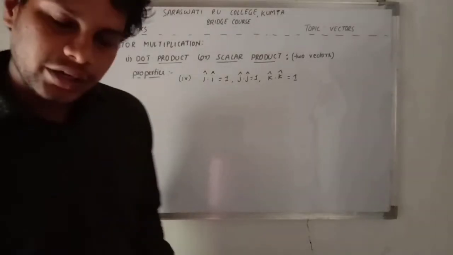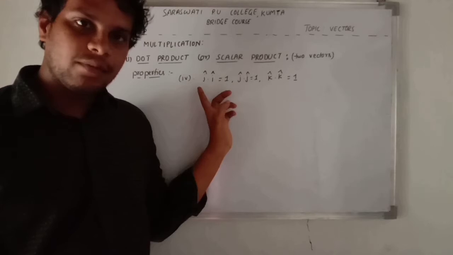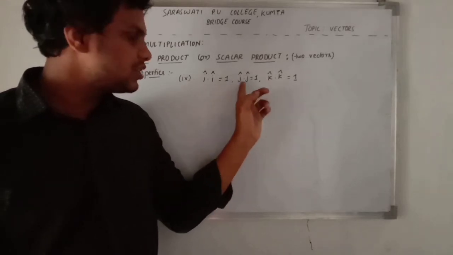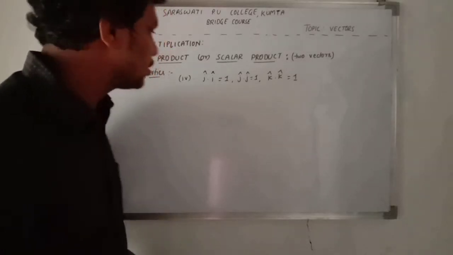So in the dot product, i cap multiplied with i cap is 1, j cap with j cap is 1, k cap with k cap is 1.